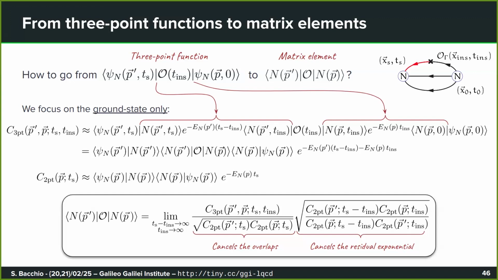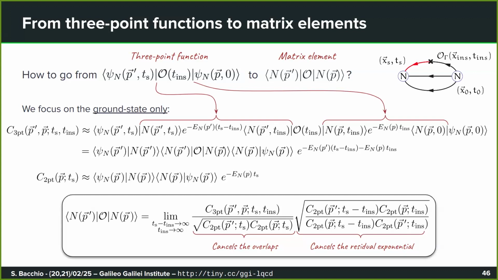But it's extremely useful because it allows us, when we take a ratio of the three-point function and the two-point function, to cancel exactly these overlaps and remain only with the ground state matrix element. So by taking a ratio of the three-point function and the two-point function, you will see that these overlaps cancel, and you're left with this.